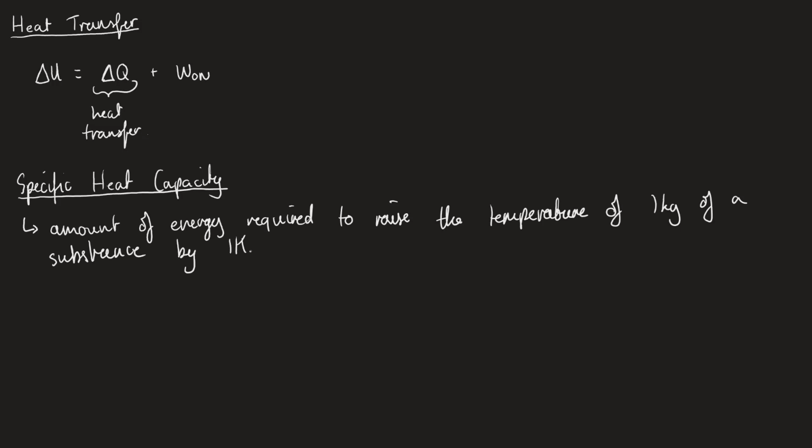So it's the amount of energy required to raise the temperature of 1 kilogram of a substance by 1 Kelvin. And for that reason, we can say that specific heat capacity is measured in joules per kilogram per Kelvin.